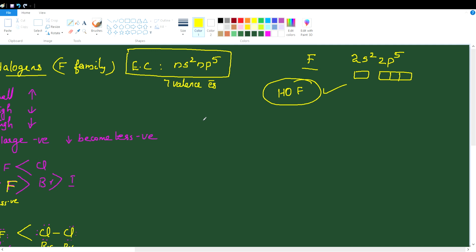If we take the hydrides of halogen, compounds of halogen and hydrogen, we can write hydrogen fluoride, hydrogen chloride, hydrogen bromide, hydrogen iodide. These are the hydrides. These are called halides actually: fluorides, chlorides, bromides, iodides.